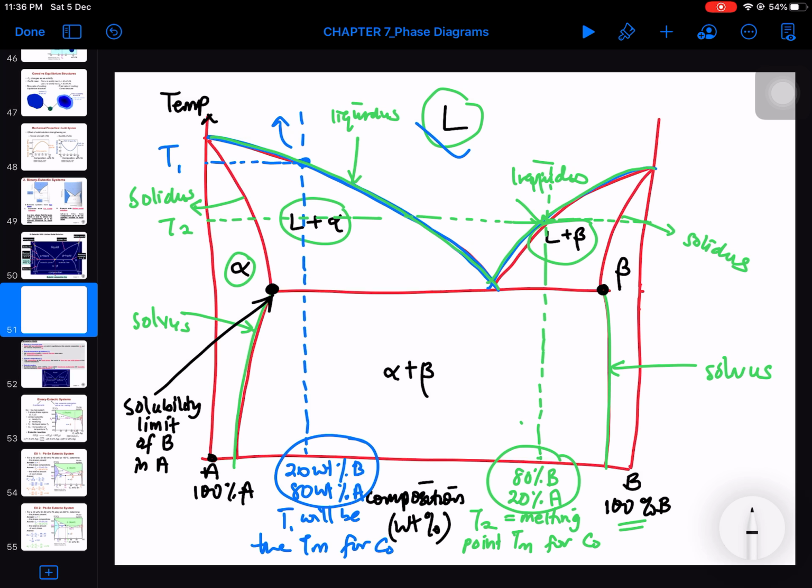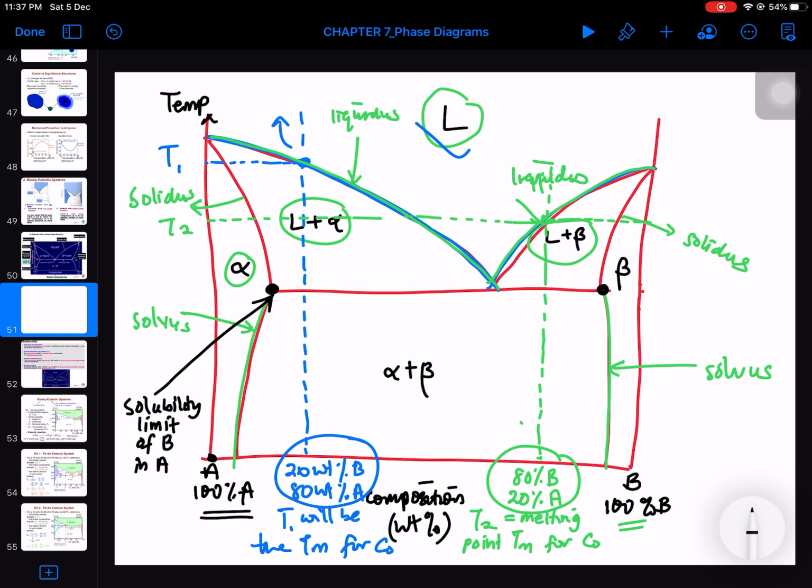Because this point is closer to 100% A. At this point we only have a small amount of B and more of A. So A is the solvent, B is the solute. This is the maximum solubility limit of B in A.